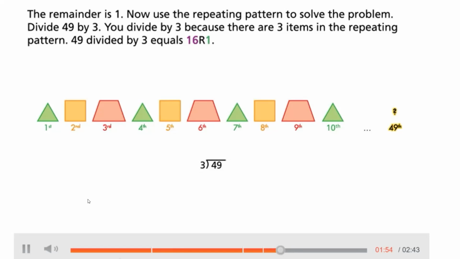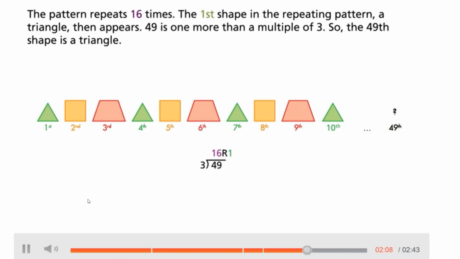Now use the repeating pattern to solve the problem. Divide 49 by 3. You divide by 3 because there are 3 items in the repeating pattern. 49 divided by 3 equals 16, remainder 1. The pattern repeats 16 times. The first shape in the repeating pattern, a triangle, then appears. 49 is one more than a multiple of 3.